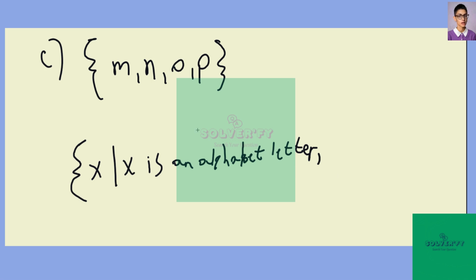And x ranges from m to p. So m is less than or equal to x, which is less than or equal to p, right?